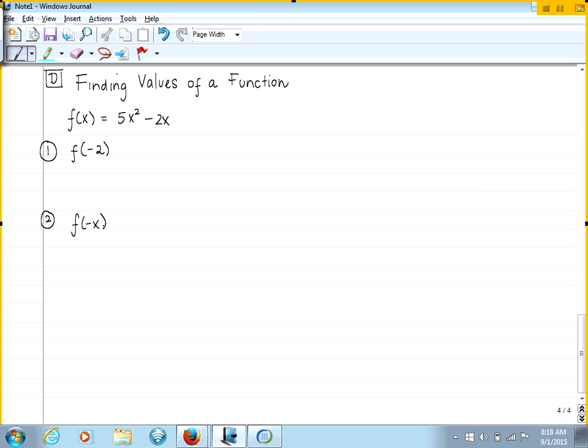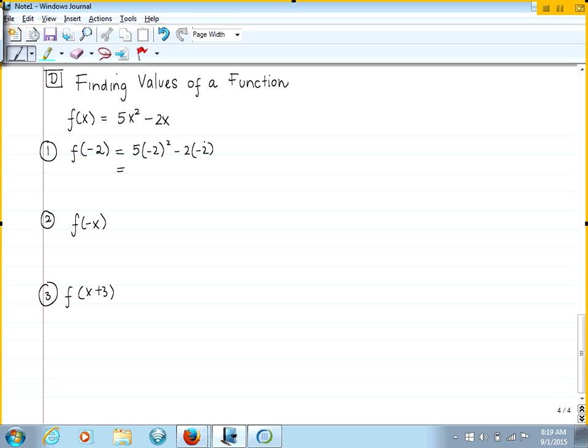Number 2, f of negative x. Number 3, f of x plus 3. So let's do this first. What am I going to do here? So 5 times negative 2 squared minus 2 times negative 2.